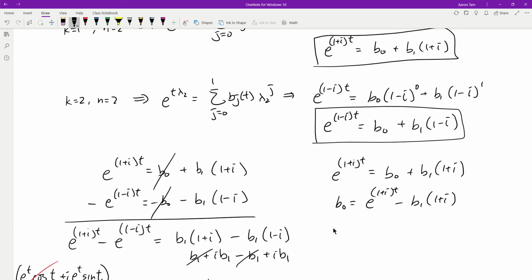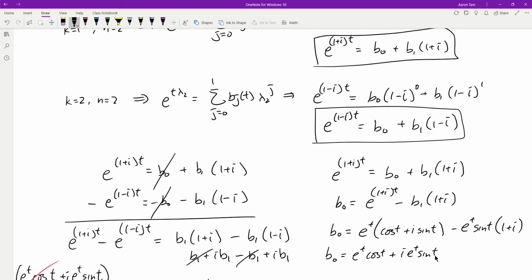So therefore, b sub 0 equals e to the t times cosine t plus i sine t, minus b sub 1, which is e to the t sine t, multiplied by 1 plus i. So b sub 0 will be e to the t cosine t plus i e to the t sine t minus e to the t sine t minus i e to the t sine t.